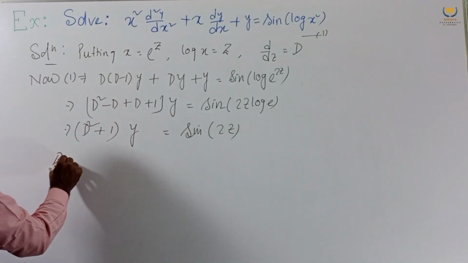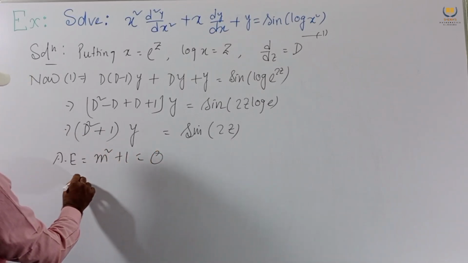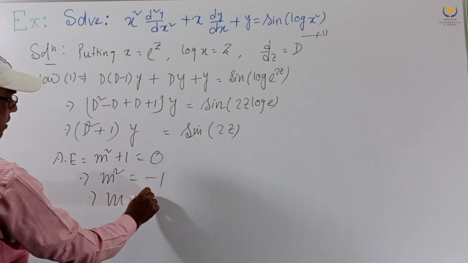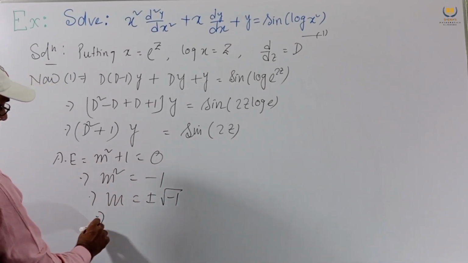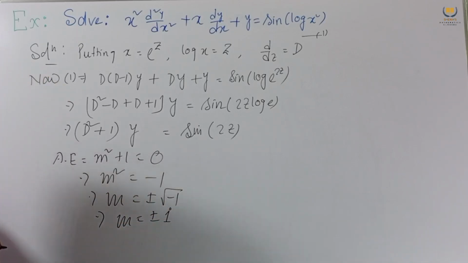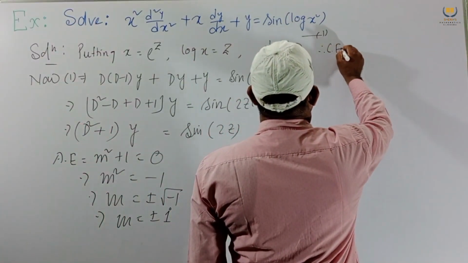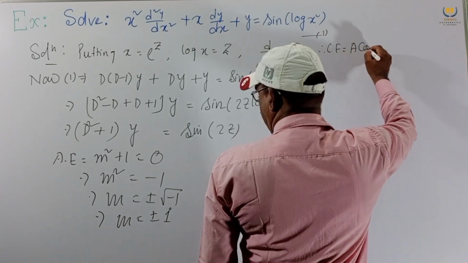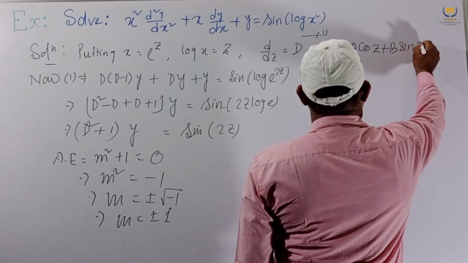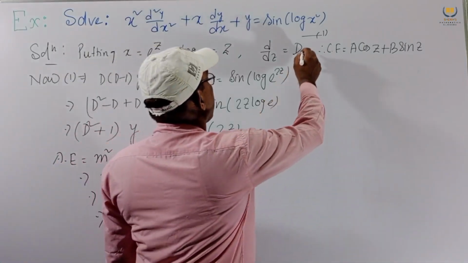Now the auxiliary equation: m square plus 1 equal to 0, m square equal to minus 1, m equal to plus minus root over minus 1, m equal to plus minus i, this is complex. Therefore the complementary function equals A cos z plus B sin z, because of i we get our answer. Now we have to find the particular integral.